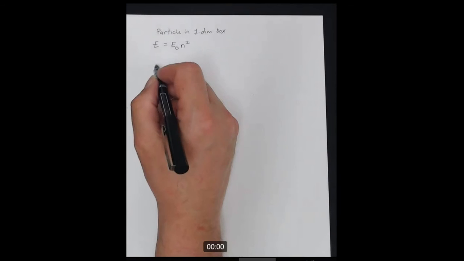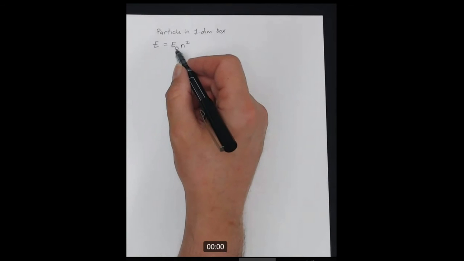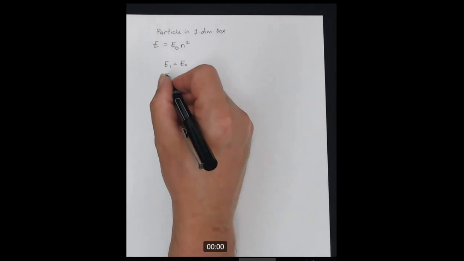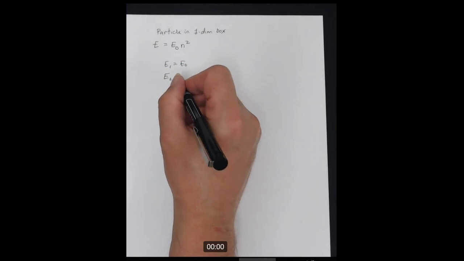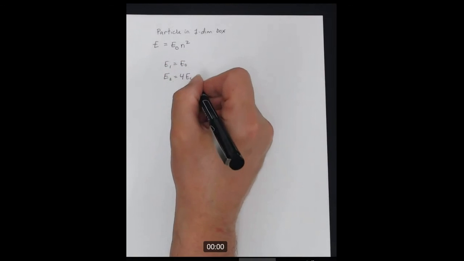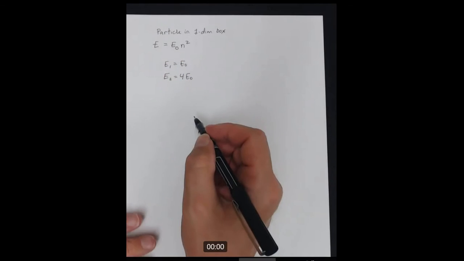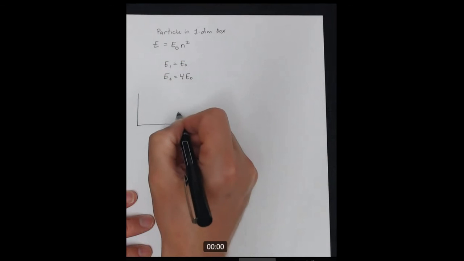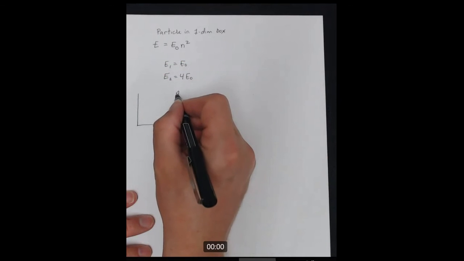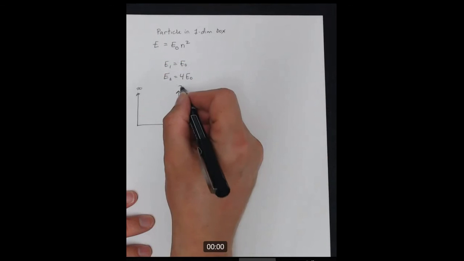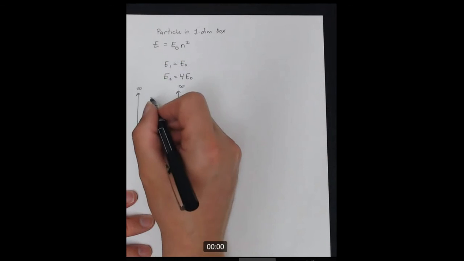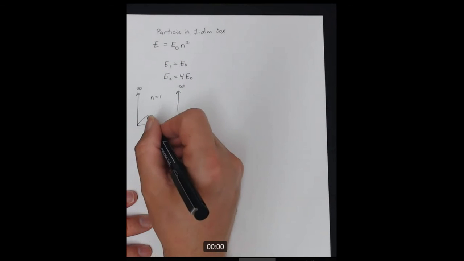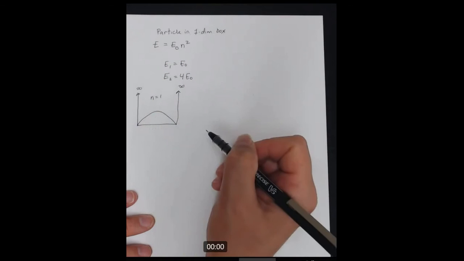So think about it: if you have n equals 1, you have E1 is E naught, and if you have n equals 2, you have 4 E naught. Different energies. Remember what the wave functions look like for this one-dimensional particle in the box with infinite sides. For the n equals 1 case, the wave function looks something like that.